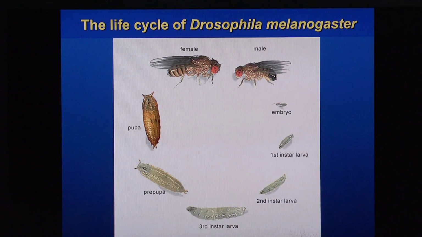That's the larvae. It stays for 3 days, through 3 stages known as first, second, and third instar larvae, and then they become pupae. They stay for another 2 or 3 days, and then finally the flies close from the pupal case, and they start the cycle all over again.